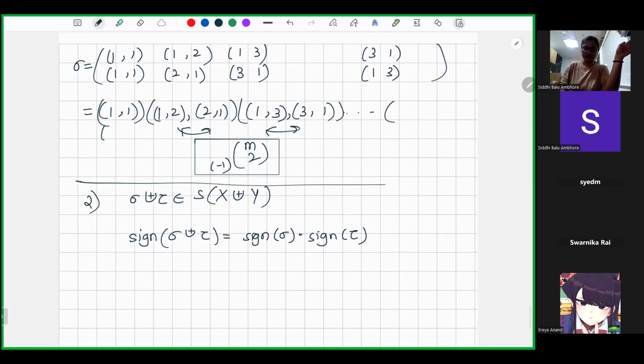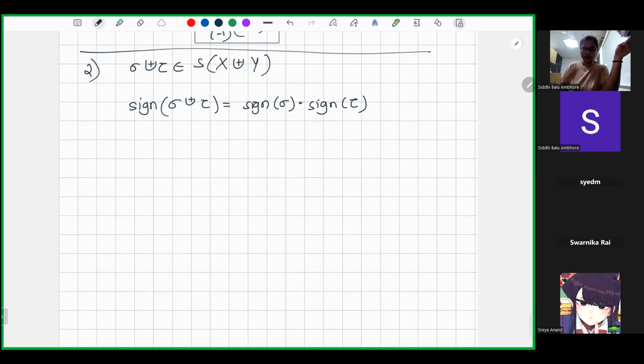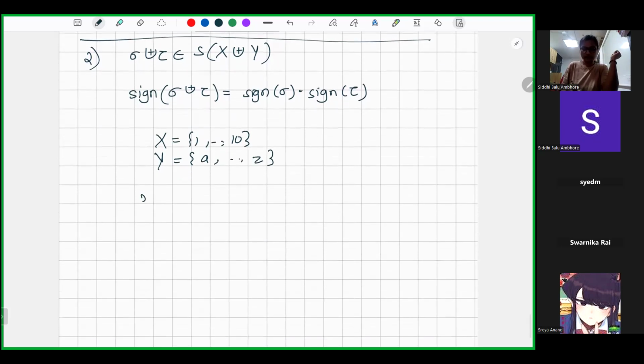The first one. The second one is pretty trivial because we are looking at disjoint cycles. For example, if I take X to be 1 to 10, for example, and Y to be 11 to, suppose, 50, it does not matter, or suppose take A to Z. And signature of this is a disjoint union.